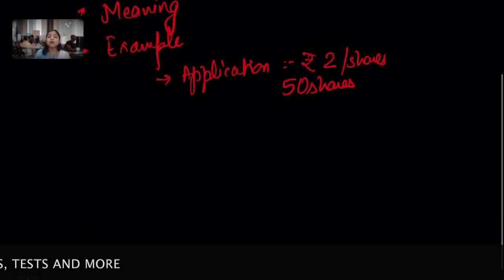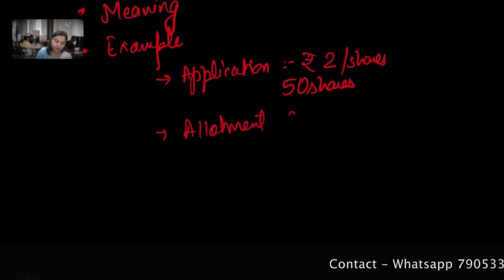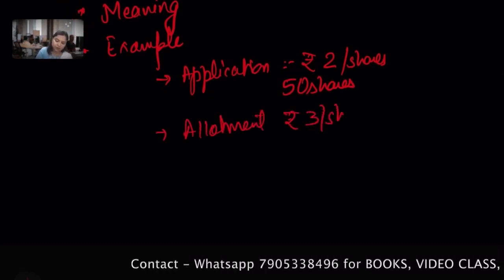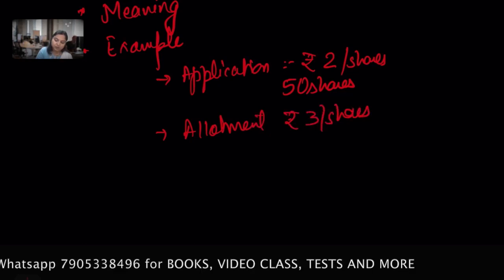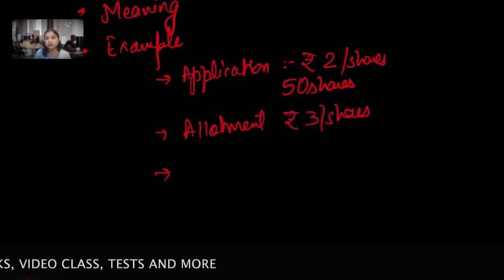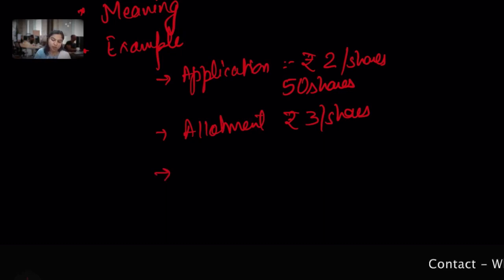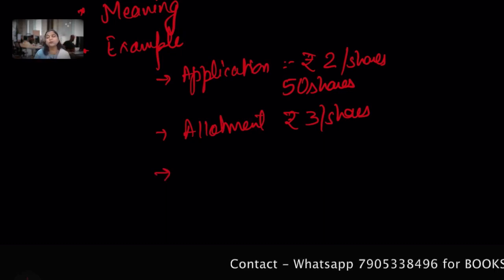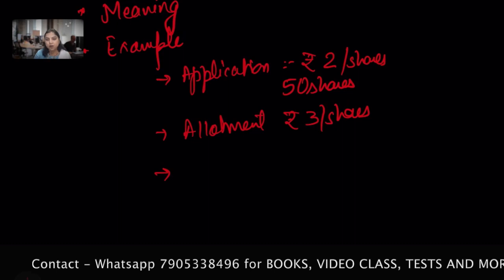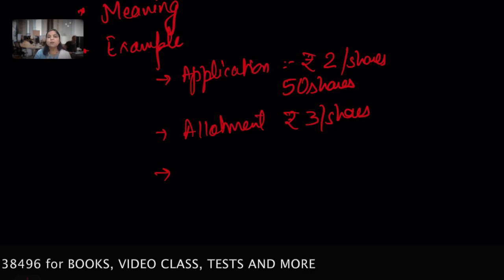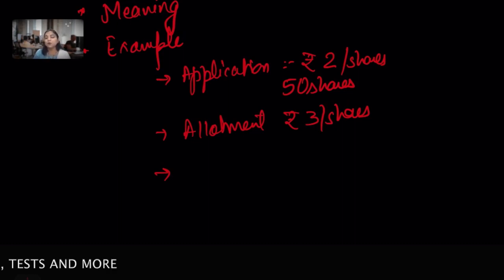But when I asked you to pay the allotment money, which was, say, rupees 3 per share on these shares, you failed and were not able to pay within that particular stipulated time.